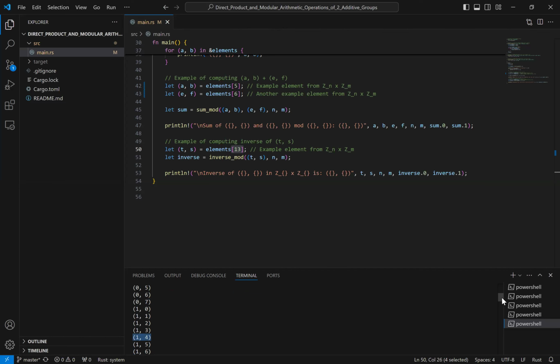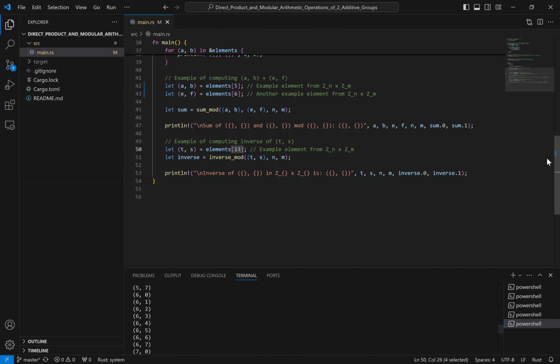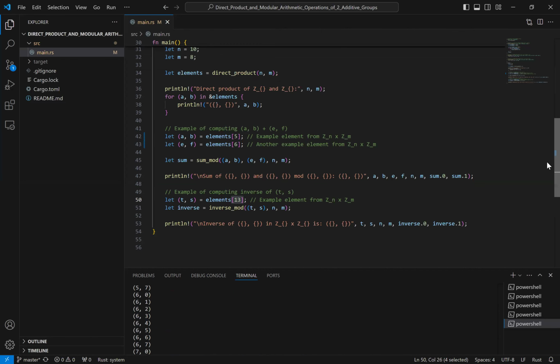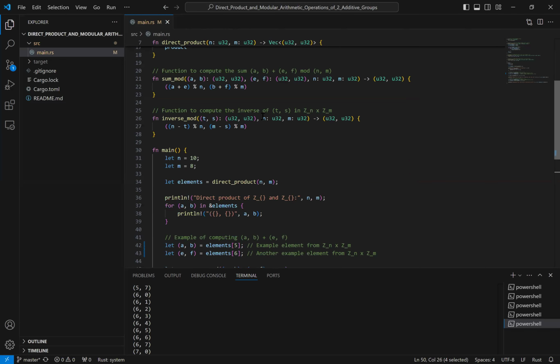The inverse of 1, 4. But now it seems it's not counting the first element. So it means it's getting the inverse of 1, 5. So the inverse of 1, 5, again, it will do it the same way. I've told it how to do it.